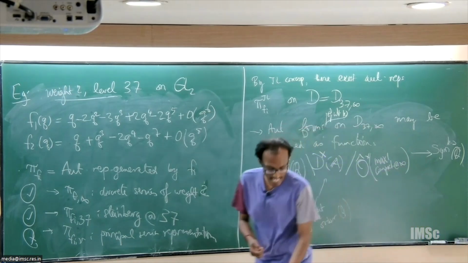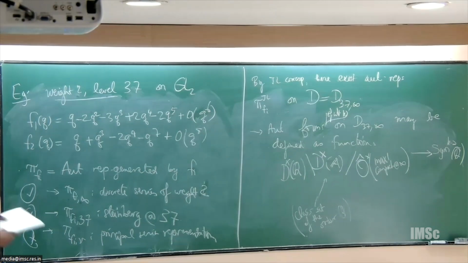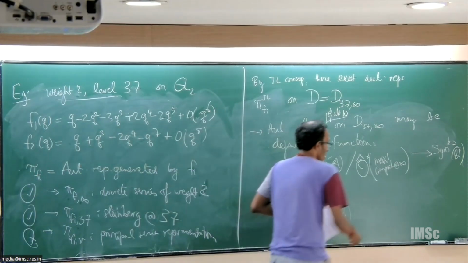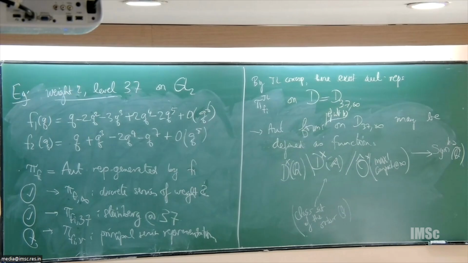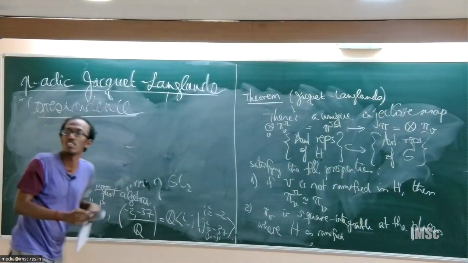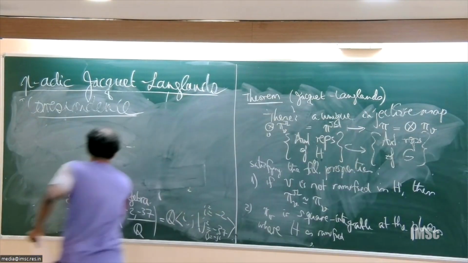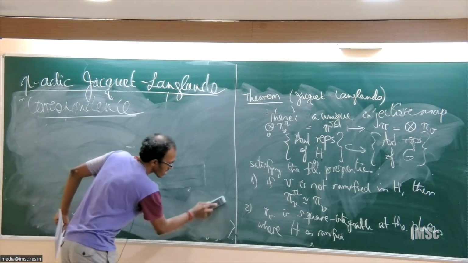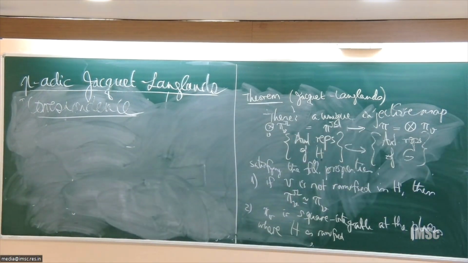So it turns out, and I did this computation this afternoon, that if I pick a maximal order in this quaternion algebra, it doesn't matter which one, it turns out to have three elements. And here are the two forms. I think I did my computations right.